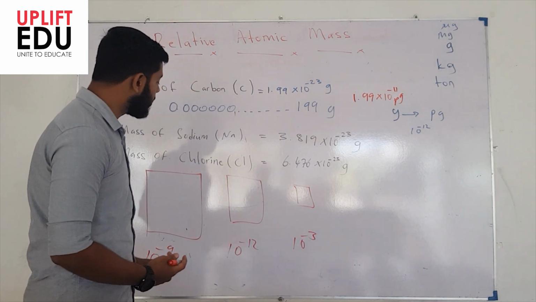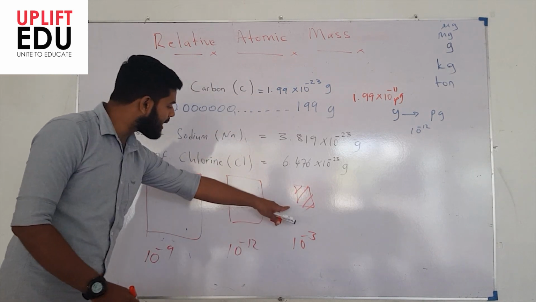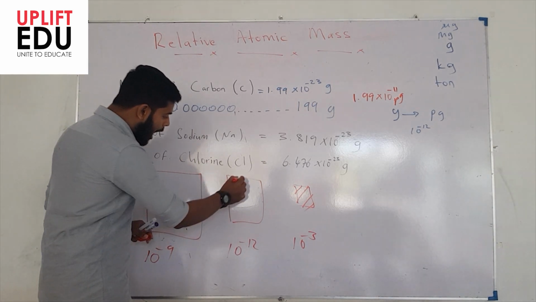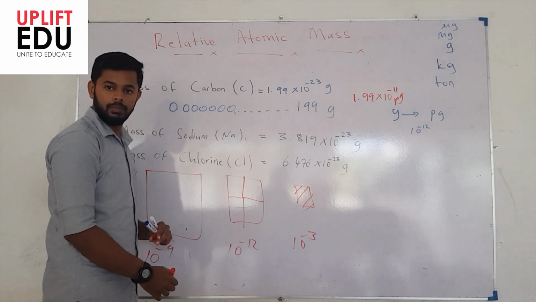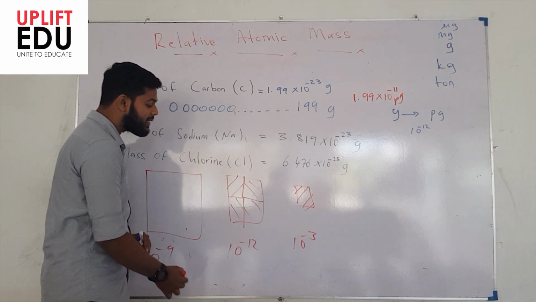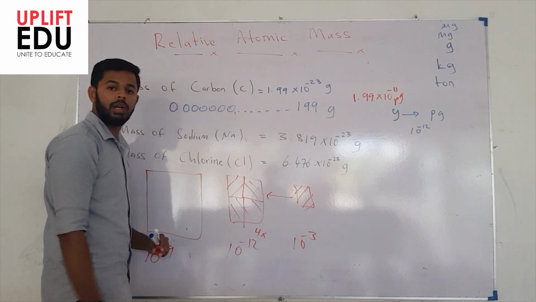So here what I do is, I take one cube as my reference point and I compare the size of the other cubes, right? I find how many such small cubes I can place in this big cube. So now I see I can place 4 such small cubes. I say now this cube is 4 times bigger than this small cube.